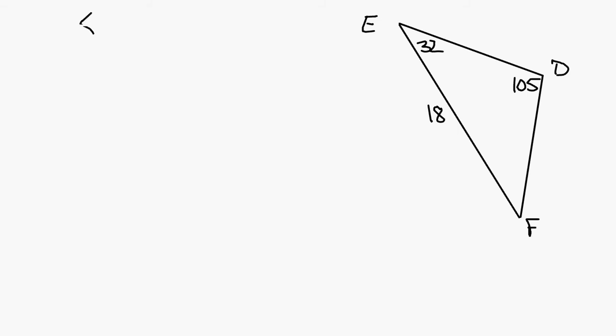You're going to be asked to solve the triangle. You can start off solving this triangle by finding angle F. So that would be 180 minus 32 minus 105. So there's 43 degrees left, so angle F is 43 degrees. So you've got all of the angle measures.